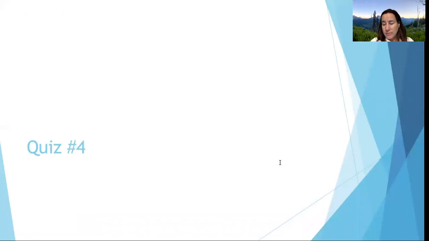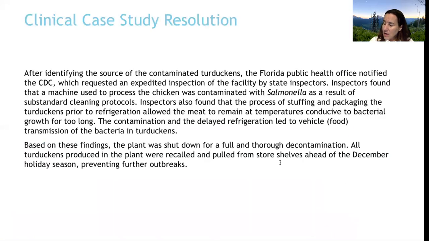It could also be a vector. Let's check back on the case study with the turduckens. We identified that it is turduckens. I don't know if y'all have ever had a turducken. I have not. But it is that weird combo, right, of turkey and duck and chicken. It turns out that the facility was not clean. It had salmonella in it, and every time it made these turduckens, it was passing that on to every single one of those turduckens from this facility.